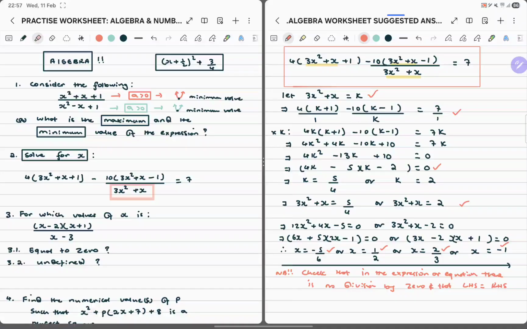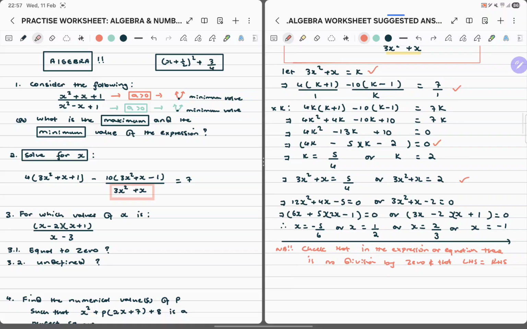This is me being generous, but some people may just say 1 mark for 2 and maybe 2 marks. But of course, I'm just trying to be as outrageous as possible. 1, 2, 3, 4, 5, 6, 7, 8. Okay, you would not necessarily get 8 marks. That is not good. So from here, folks, we can say for each set of 2 correct solutions, 2 marks. So 1, 2, 3, 4, 5, 6. Yeah, this is good for 6 marks.